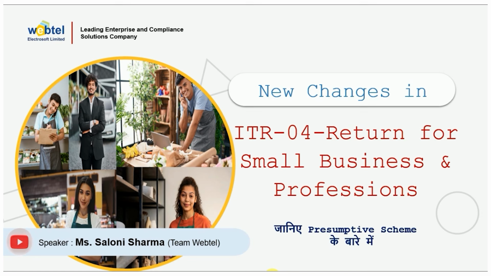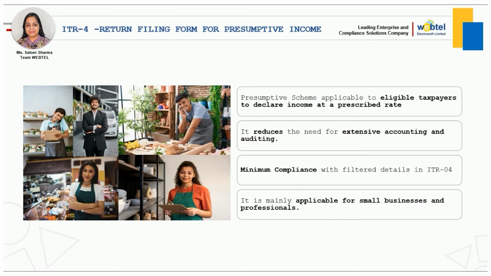So let's get started. Let's understand about ITR 4, the return filing form for presumptive taxation. The presumptive scheme is applicable to eligible taxpayers, those who are required to declare income at a prescribed rate.